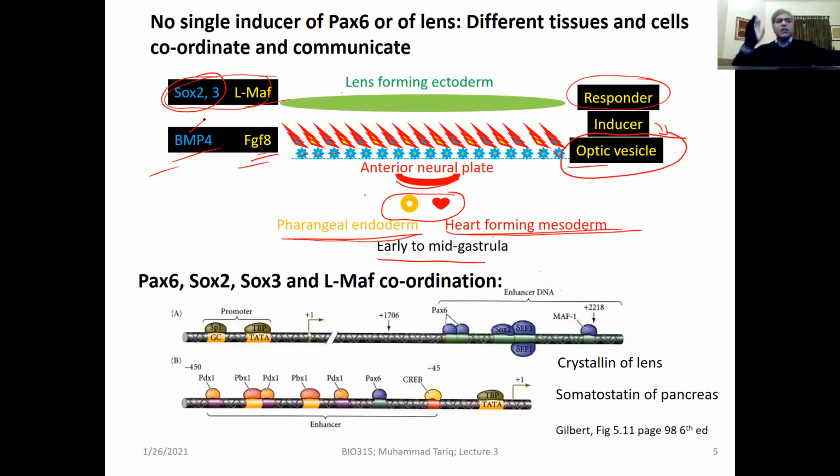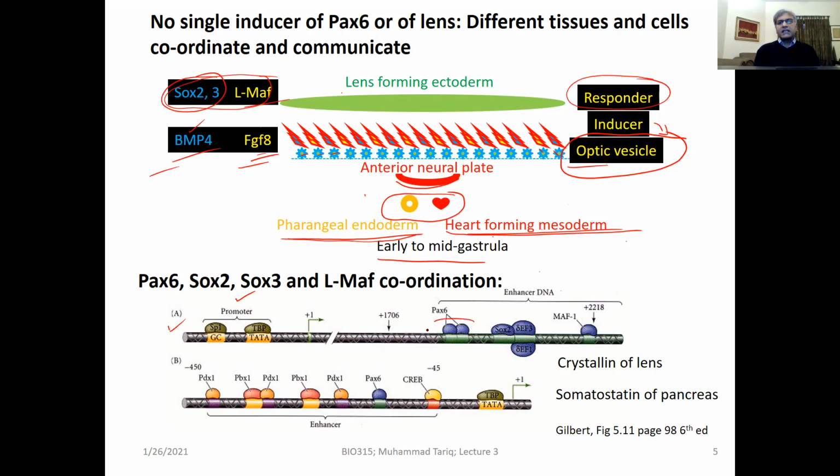Now, if you look at the molecular level, how is PAX6 contributing in this whole process? If you look at the genes here, this is the promoter region.